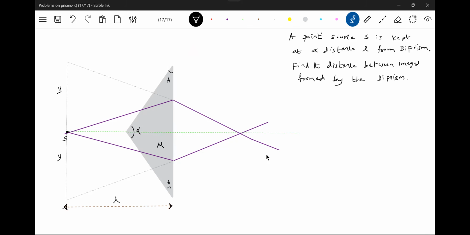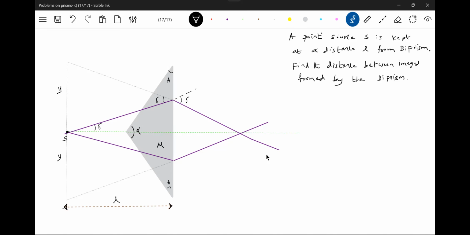This is y, this is y. What is the delta? This should be the delta, then this should be the delta, then this should be the delta. We have to calculate now, what is the angle of prism?